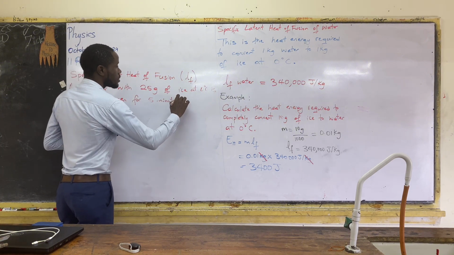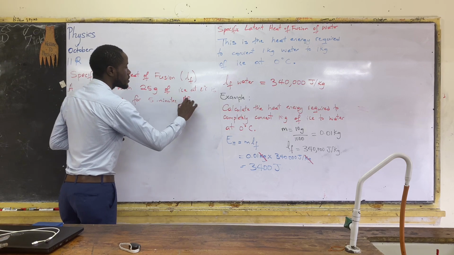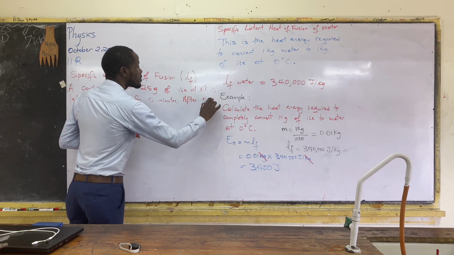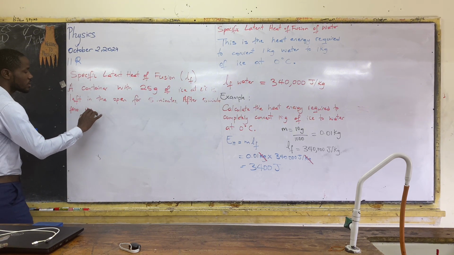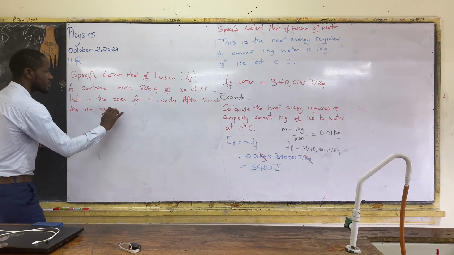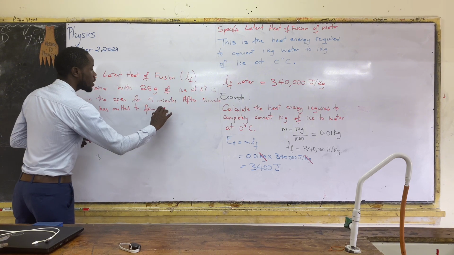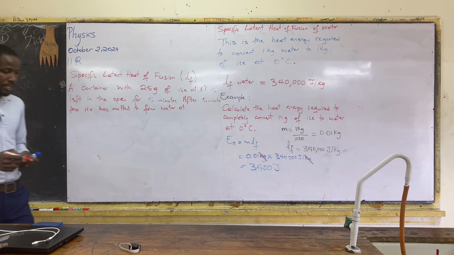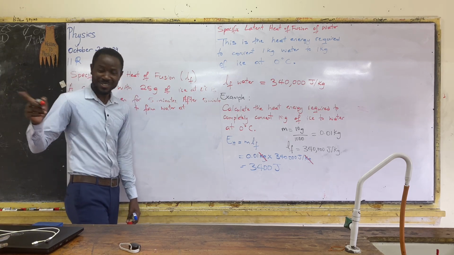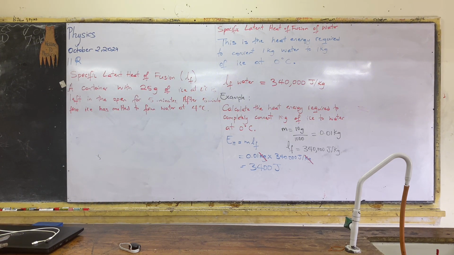Now, after 5 minutes, the ice has melted to form, let's say, water at, let's say, 4 degrees Celsius. All right, so this is what we have.